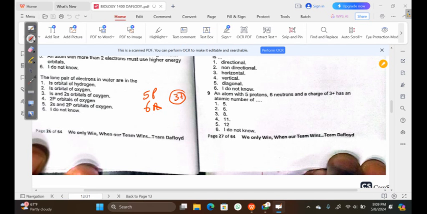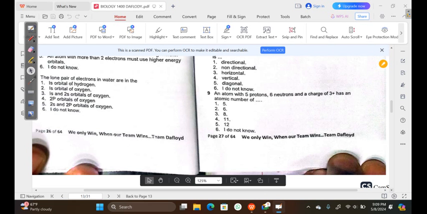So atomic number is equivalent to what? Proton number. So this loss of electrons has no effect on the atomic number. That is the confusing question that you may come across.